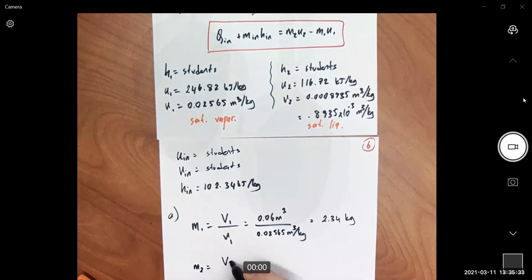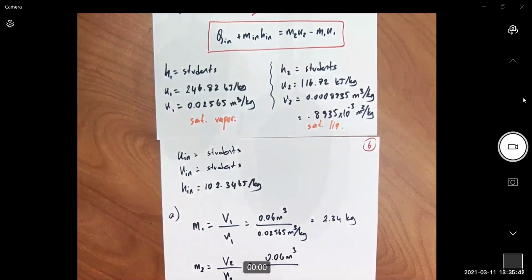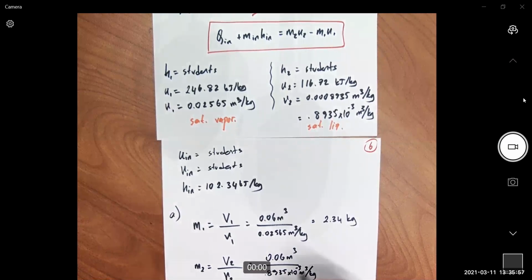And this must match this much mass when I'm done with the process after I close my valve: volume over 0.8935 times 10 to the minus 3 meters cubed per kilogram, and that's 67.16 kilograms.